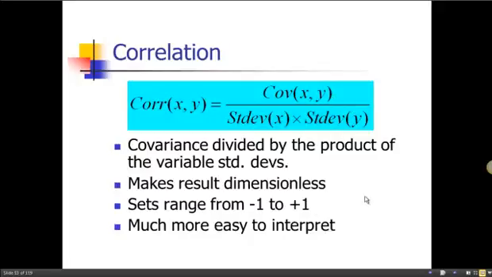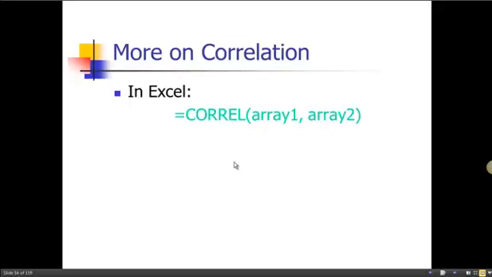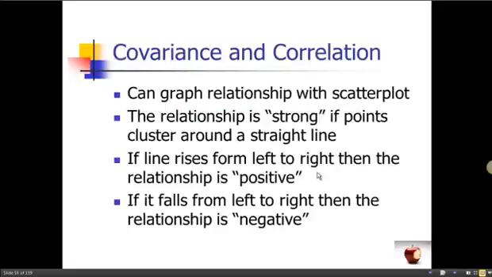So it helps us be able to say in absolute terms something very concrete about the relationship between the two variables. In Excel, if we want to get that correlation coefficient, the formula is CORREL, C-O-R-R-E-L, and then our two arrays of values for the x and y variables separated by a comma.